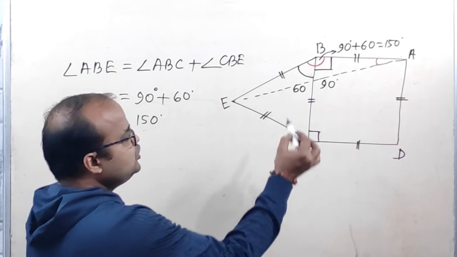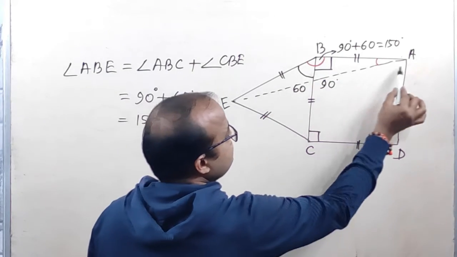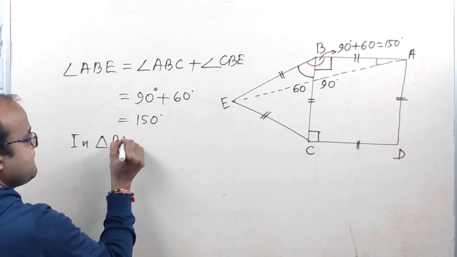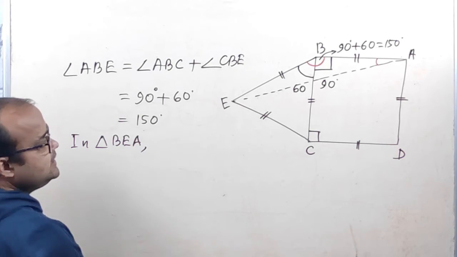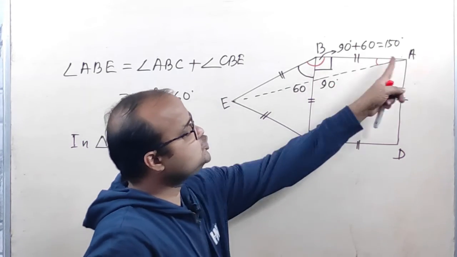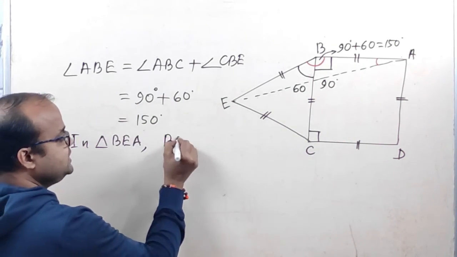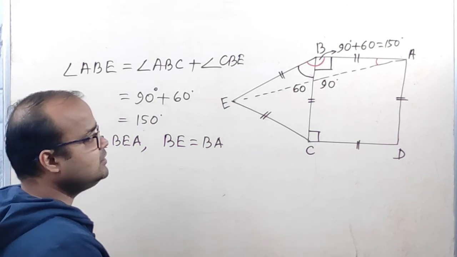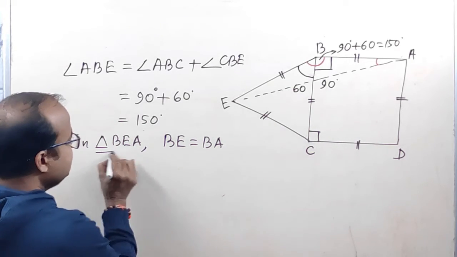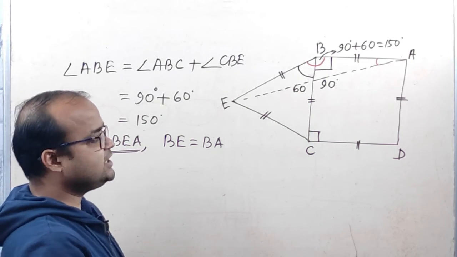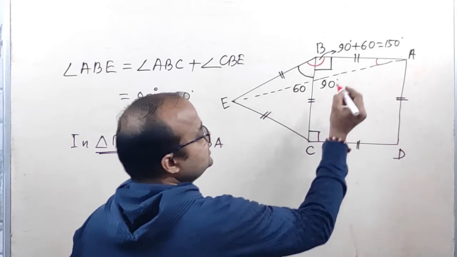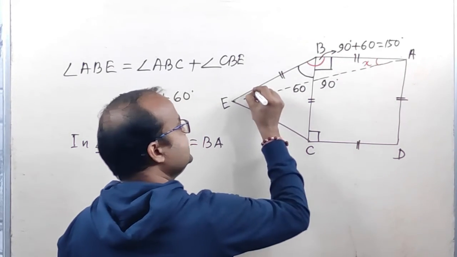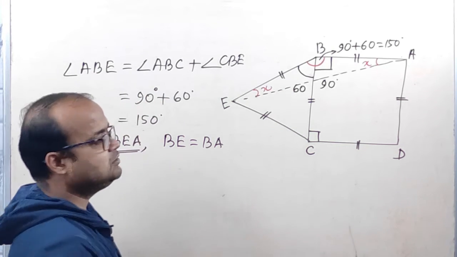Now look at the triangle BEA. In triangle BEA, BE equals BA. BE equals BA. Clear? That means BEA is an isosceles triangle. So if these two sides are equal, these two angles are equal.